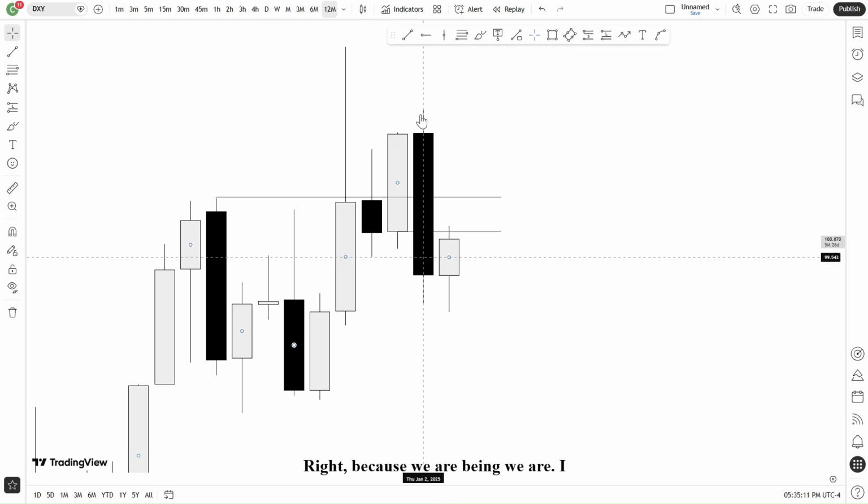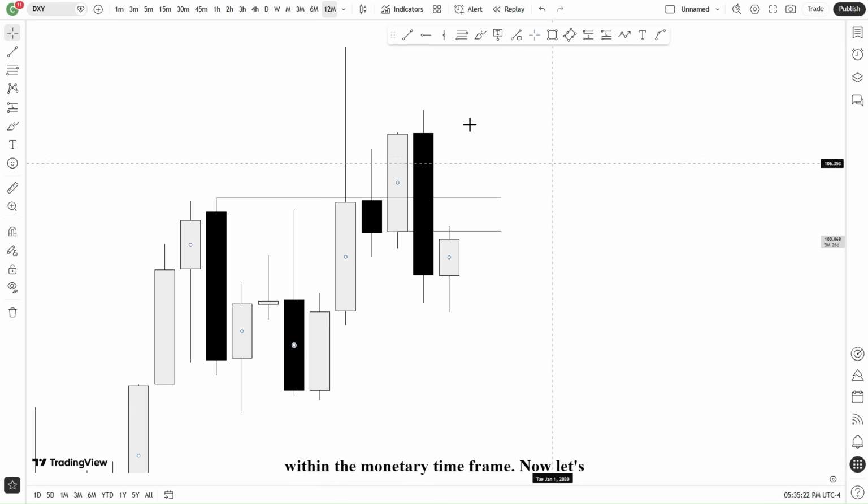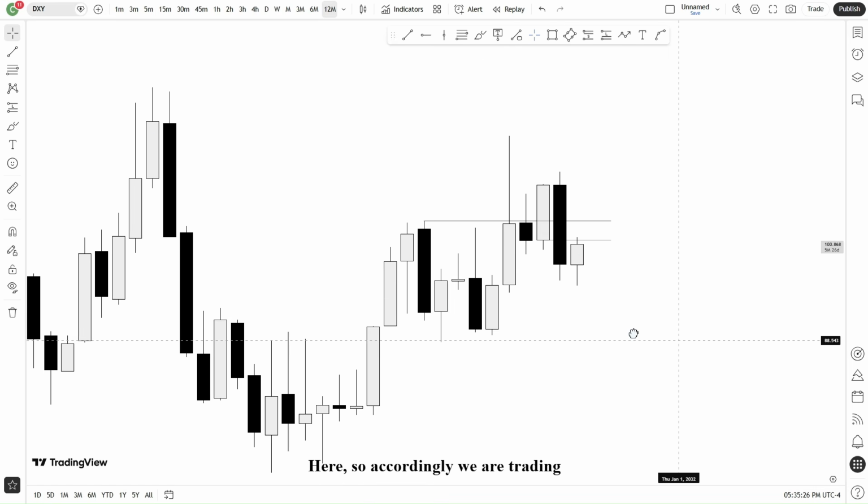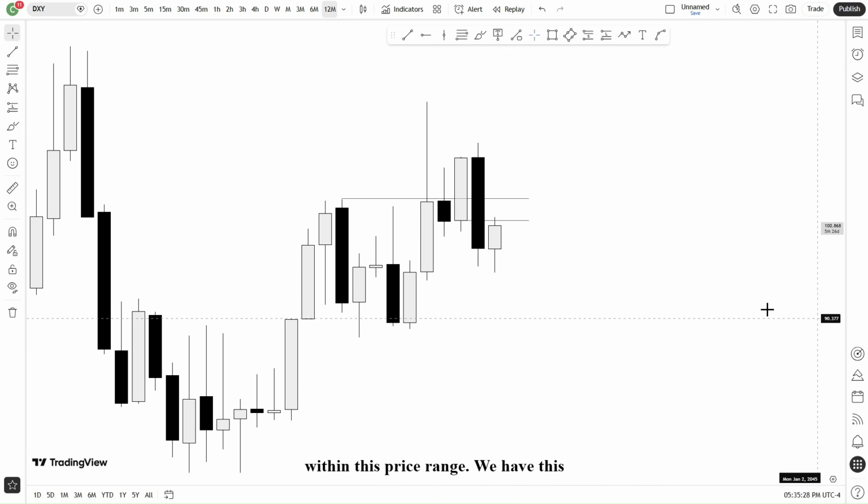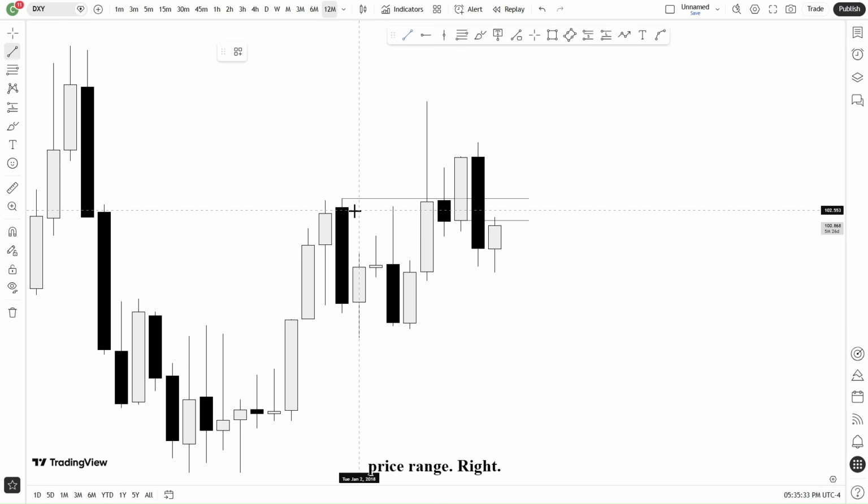Because I was actually bullish from the first quarter, right? But we are currently about to hit the target, which is a level here within the monthly time frame. Now let's go down. There's nothing much here. Currently we are trading within this price range in the higher time frame.